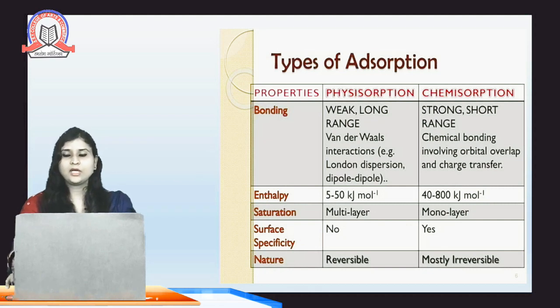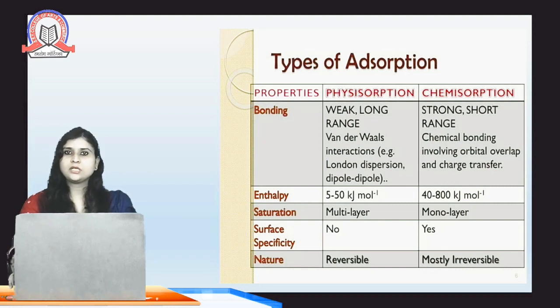In the same way, in chemisorption there is strong short range chemical bonding involving orbital overlap and charge transfer. So in chemisorption, what is happening? Chemisorption is a strong bond formation but for a short time. The chemical bond formation takes place because of orbital overlap and charge transfer.